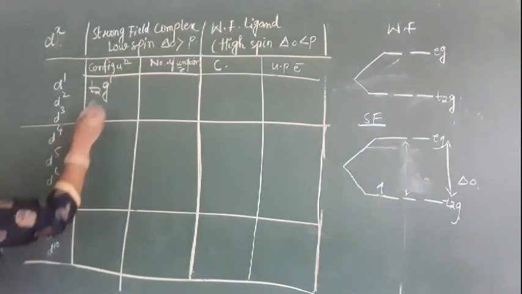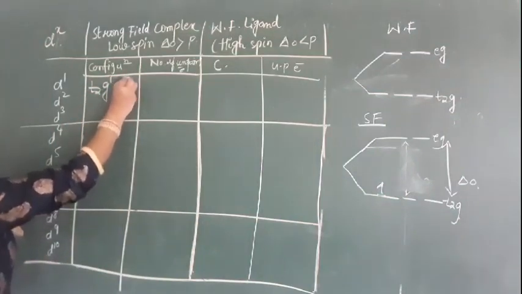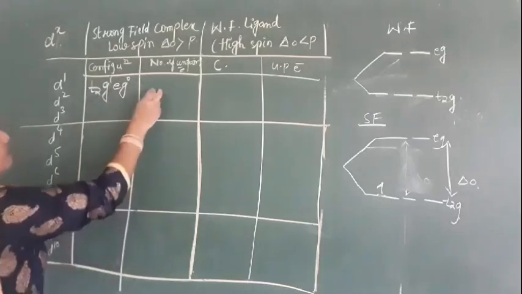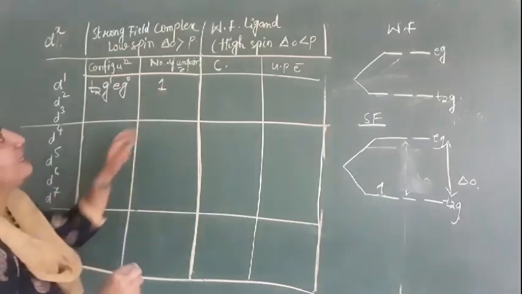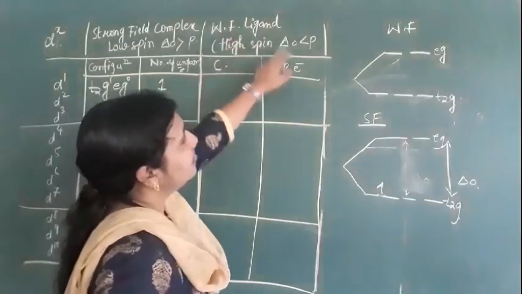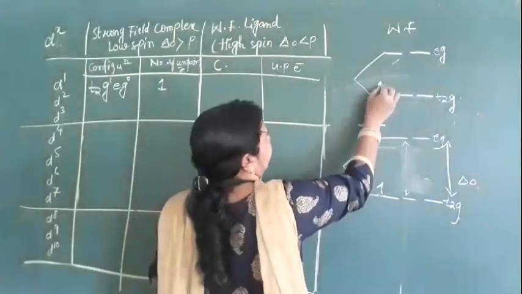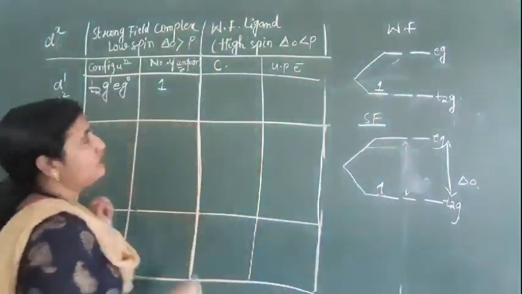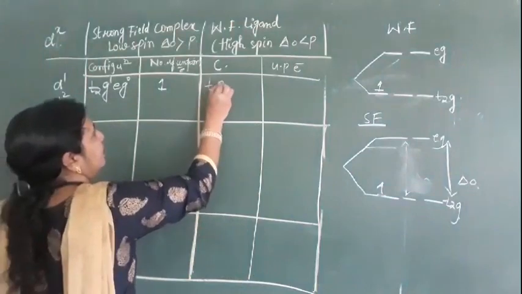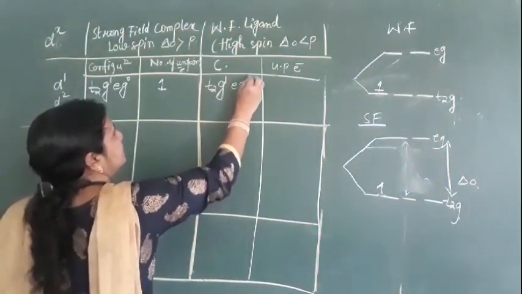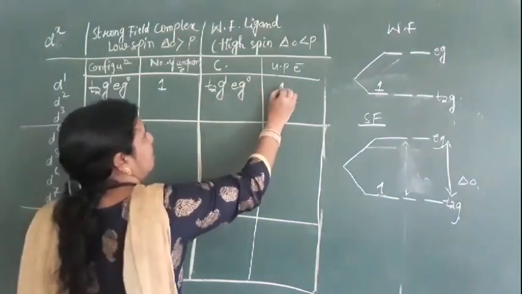T2G 1 and EG 0. The number of unpaired electrons is 1. For weak field ligand, the first electron D1 enters into T2G only. So the electronic configuration is T2G 1, EG 0 here also. Number of unpaired electrons 1.